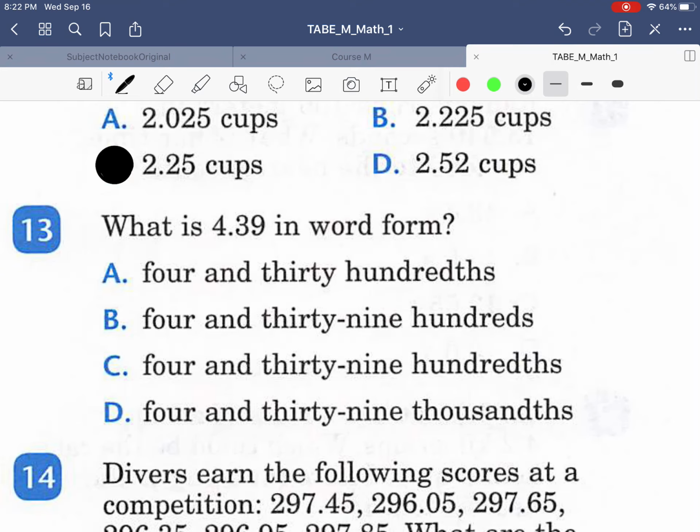B is 4 39/100. C is 4 39/100. And D is 4 39/1000. The answer is C. It is not B, because that one is hundred. We need hundredths. If you have a decimal, you need the TH.